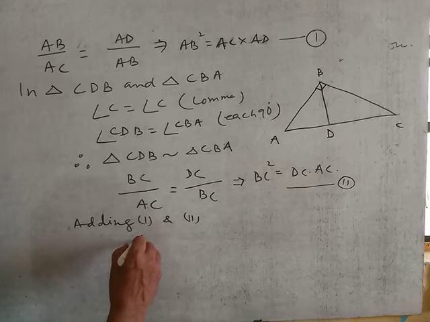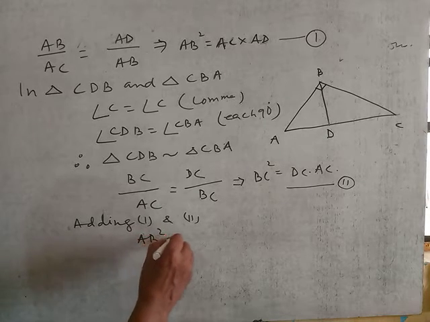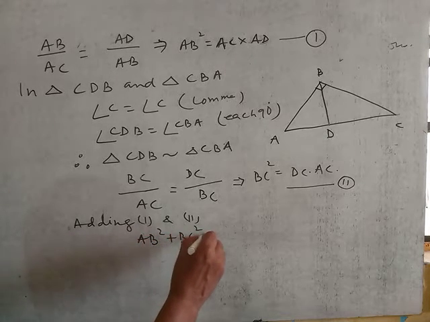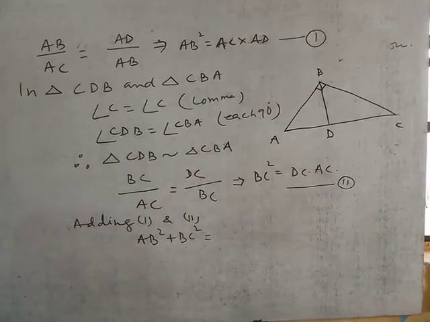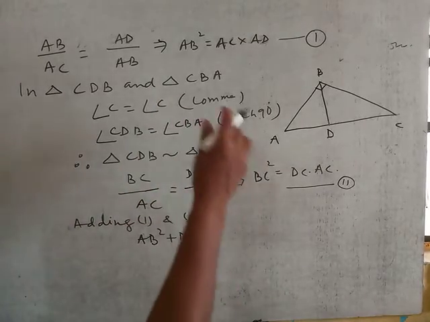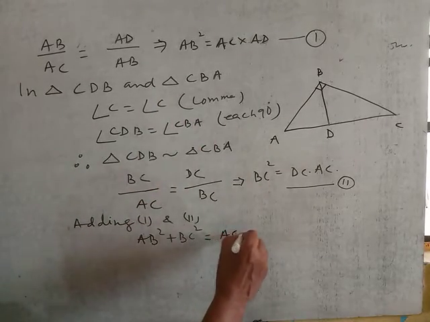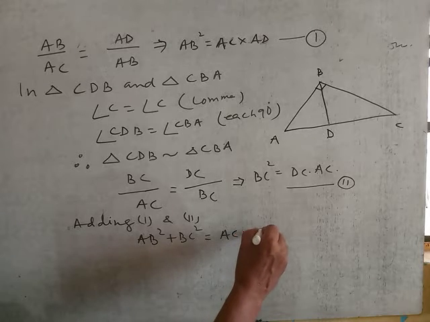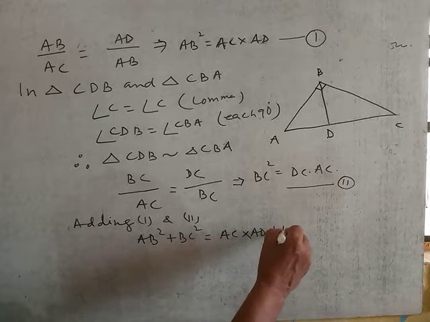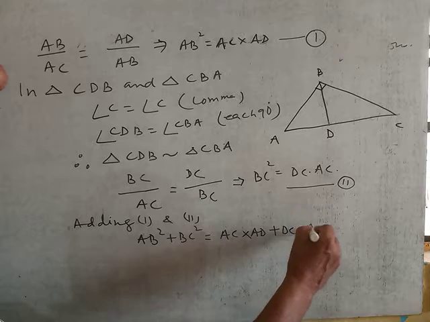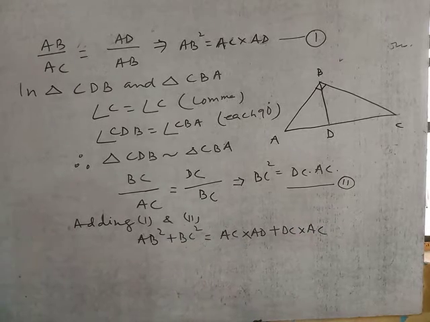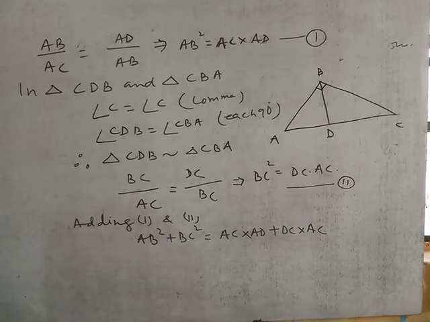We get AB square plus BC square. This AB square and BC square is equal to AC into AD plus DC into AC. It's right.